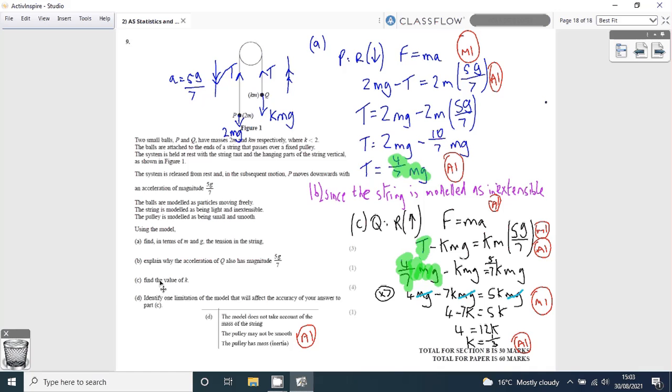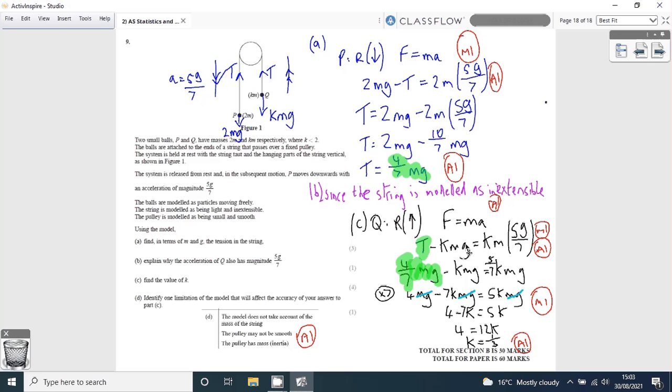Now for part C, we're going to resolve for Q. Again, resolve in the direction of motion, which is upwards. And again, start off by writing down F equals ma. Okay, now it's going upwards, so the tension must be greater than the weight. So on this occasion, it's going to be T minus kmg. Okay, not the other way around.